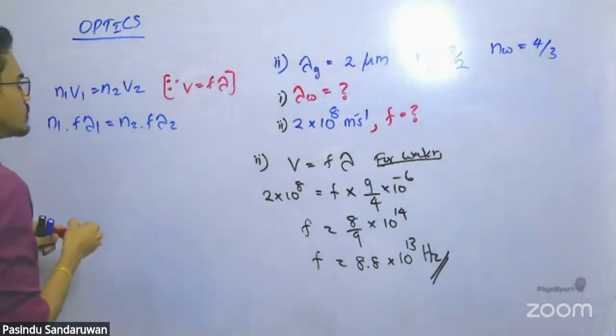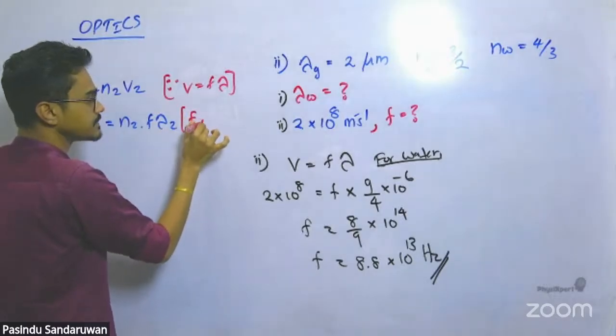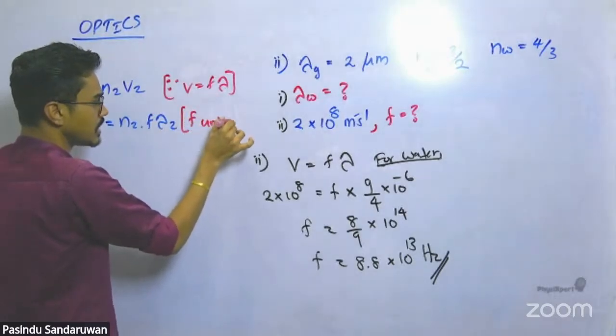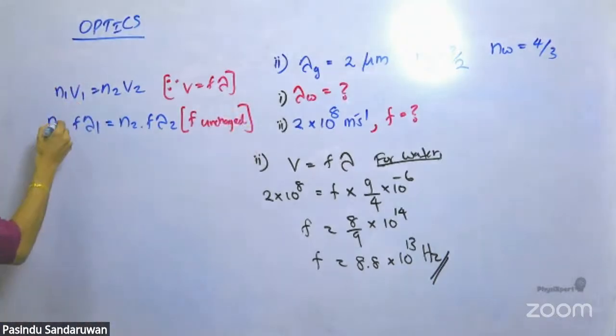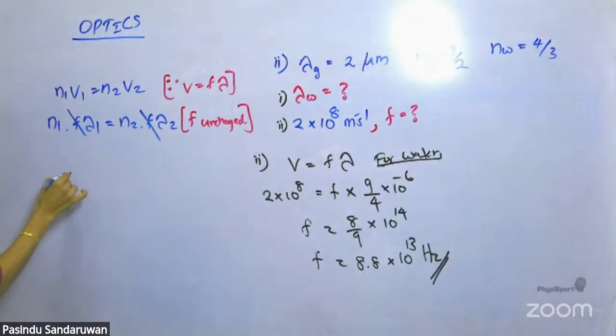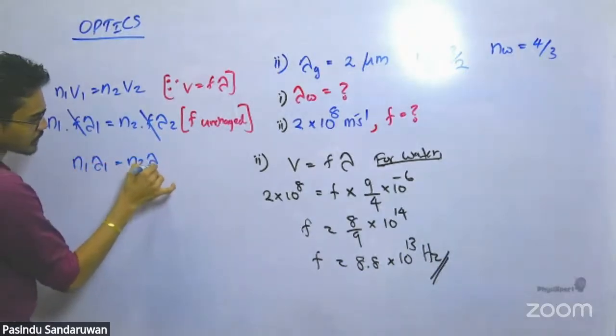We know frequency is unchanged, so frequency cancels off and n1 lambda 1 equals n2 lambda 2 comes.